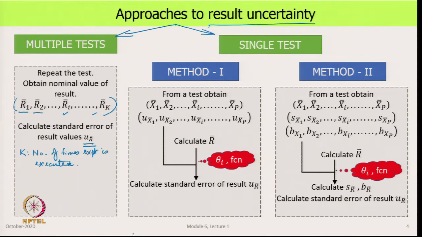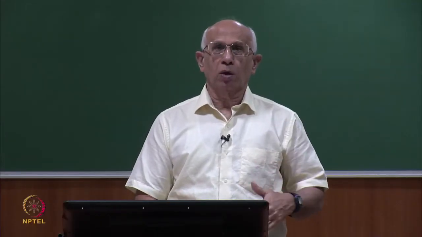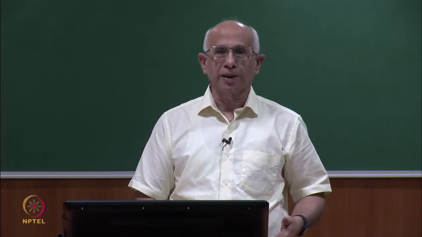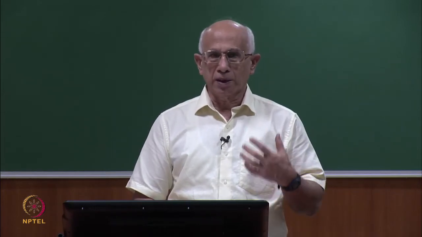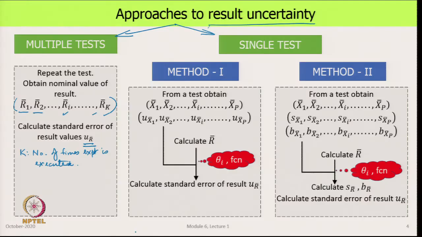So, what happened was that we bypassed calculating uncertainty in every individual measurement. Either we could not do it or we did not want to do it, this is one technique by which we can establish the uncertainty in the result. We will look at this method in a little more detail in a few minutes.